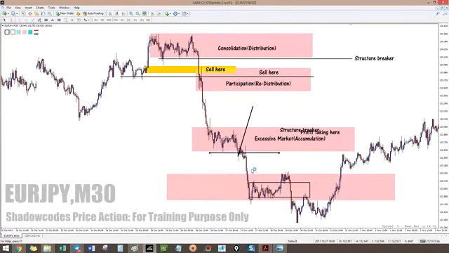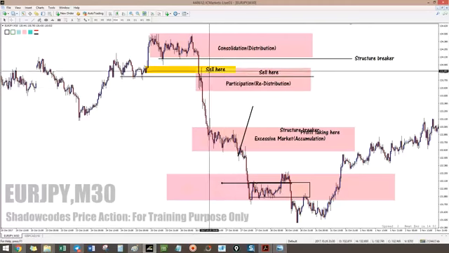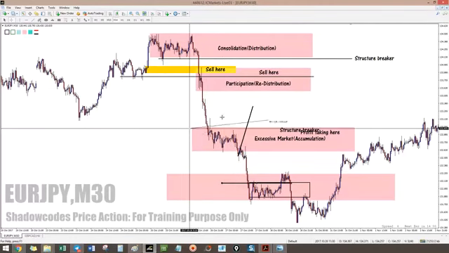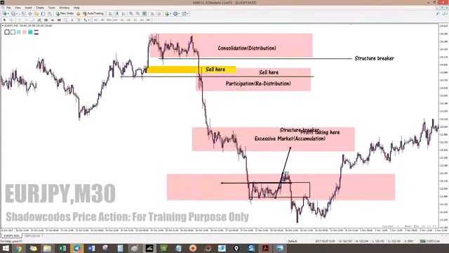And then price continues, so it's okay. Maybe you will lose a few trades, it's okay, but you already entered up here. You do not enter the trade down here. It's dangerous. Then you got a structure breaker here. Then you have accumulation here. So this is the confirmed one.